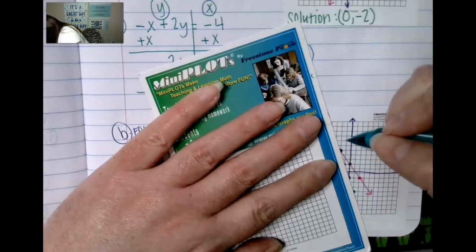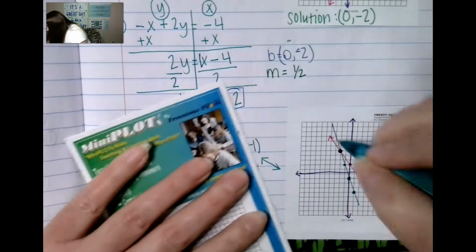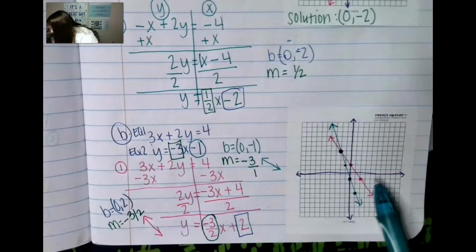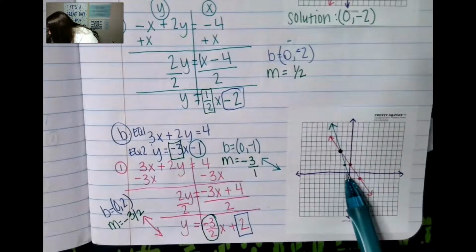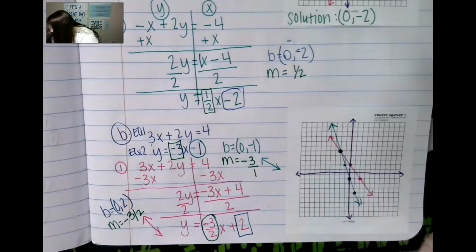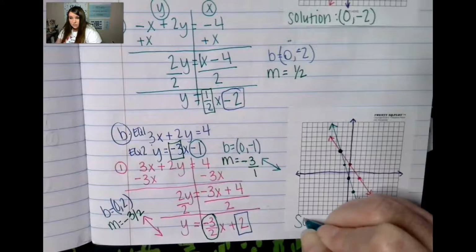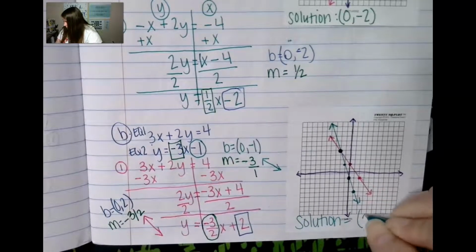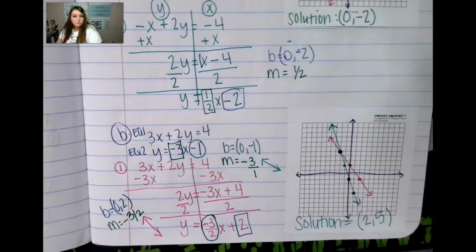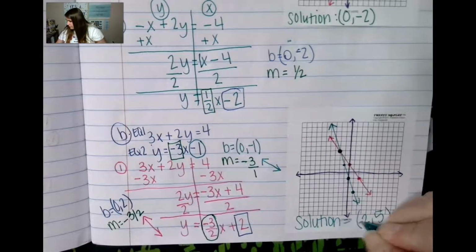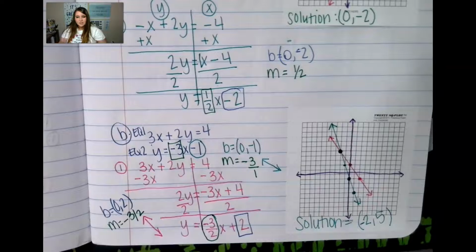This one goes at a really steep angle like this. They're both going in the same direction, but they cross at 2, 1, 2, 3, 4, 5. So our solution equals 2, 5. Oops, negative 2, 5. Sorry, because we're on the negative side. So negative 2, 5.